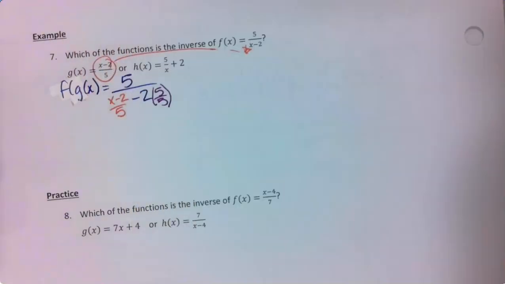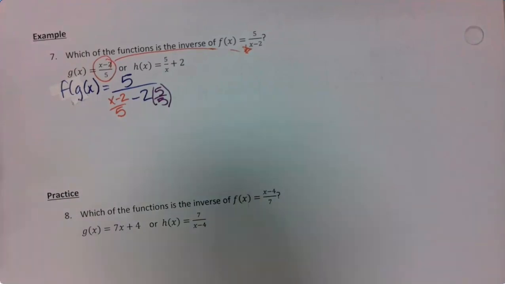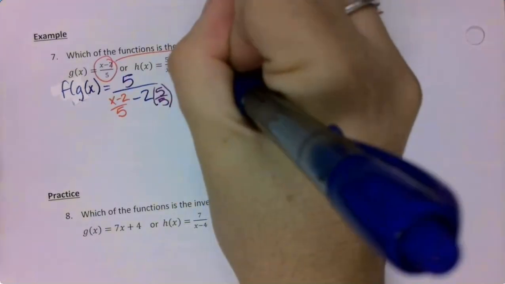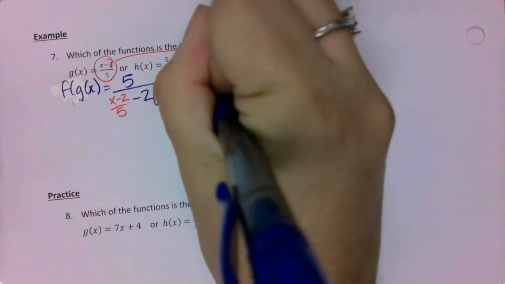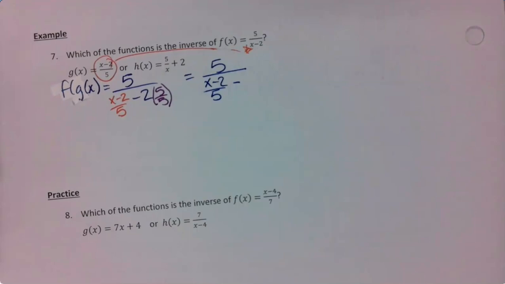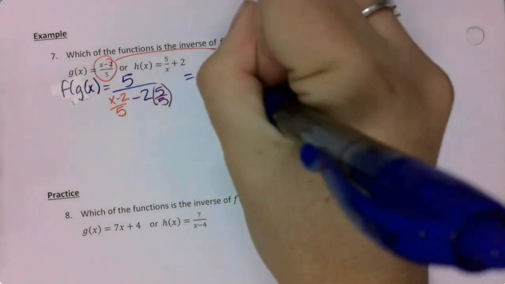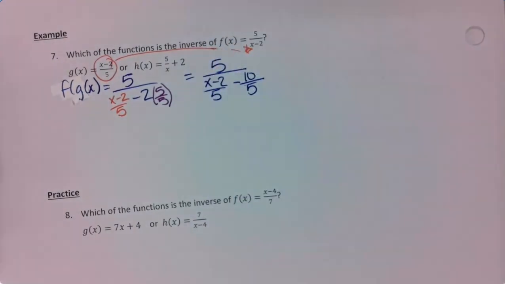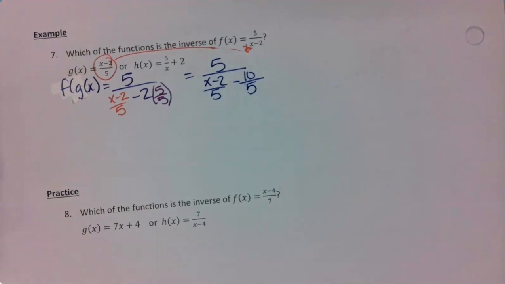So I'm going to multiply this by 5 over 5. So I still have that 5 on top, and I still have the x minus 2 over 5 on the bottom. What is 2 times 5? 10. Yeah.